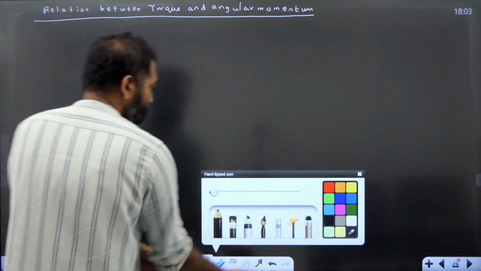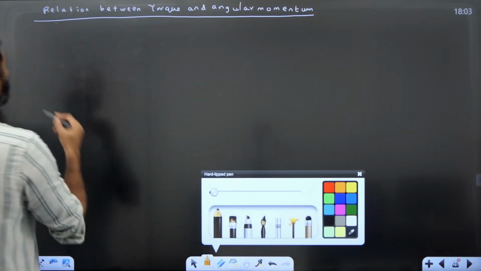We have to do this derivation between torque and angular momentum. Okay, relation between torque and angular momentum is our next topic. Let's see the relation between torque and angular momentum.